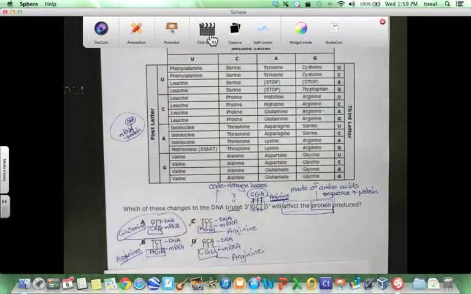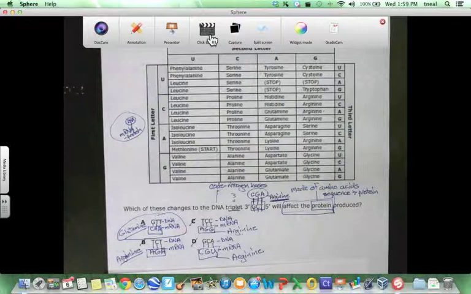glutamine. Now, an issue with a question like this is that, one, if you find an answer that you think is the answer right away, you stop and not go through the rest of your answer choices. You need to always go through all your answer choices.